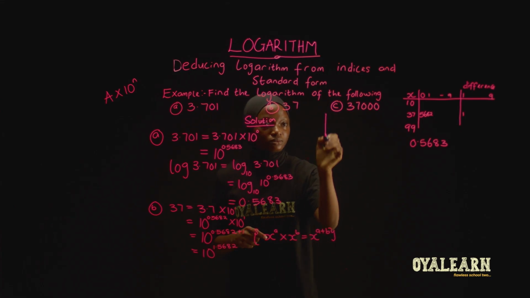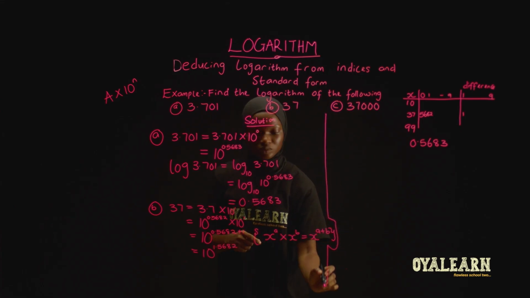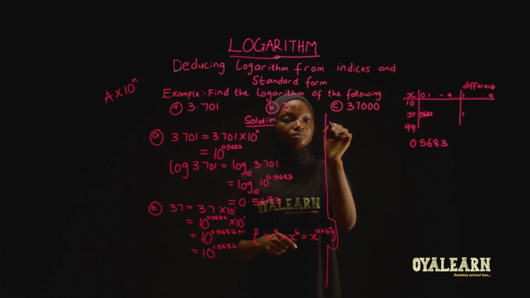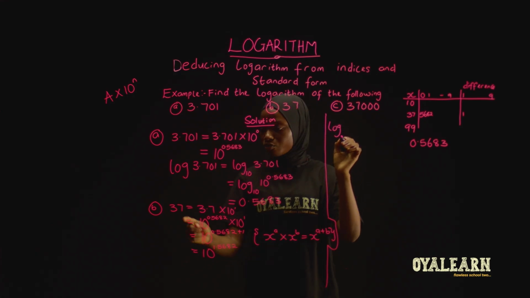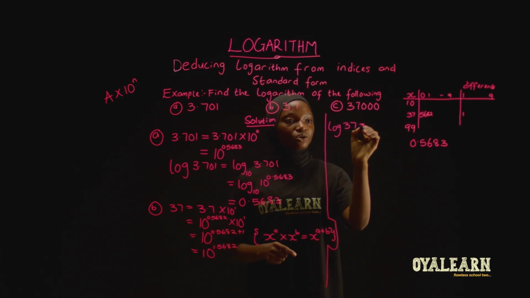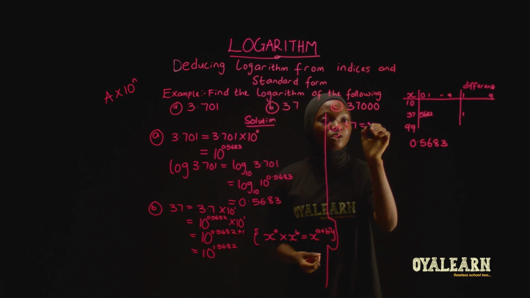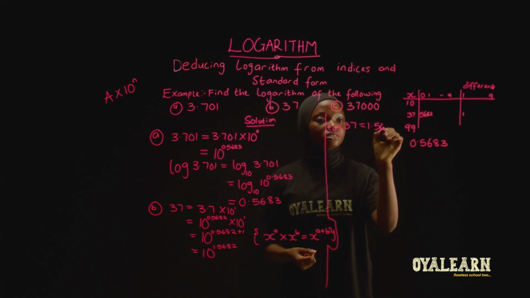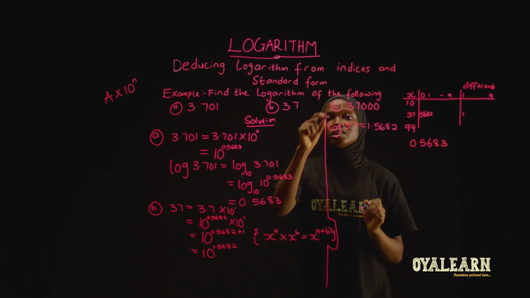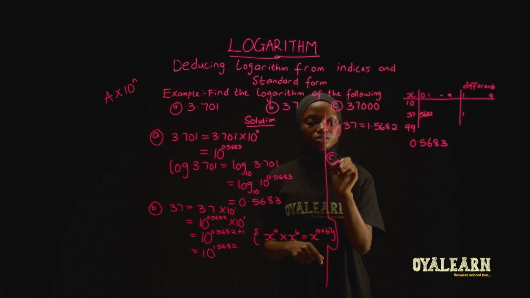So the logarithm of 37 becomes equal to the power that we have here, 1.5682.